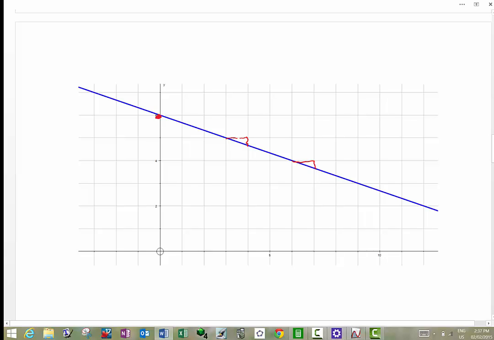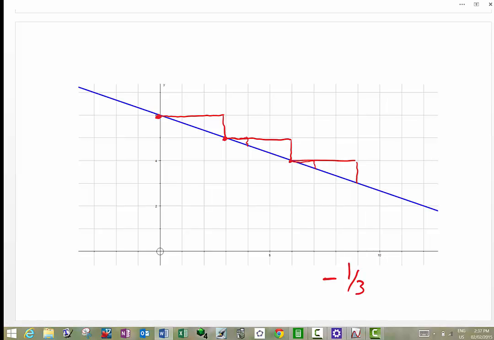If we try to find nice points where it cuts the grid lines exactly, we'll see slightly more easily that if I go 3 units across, I go 1 unit down. So it takes 3 units across to go 1 unit down, therefore its slope is minus, because it's going downhill, and then 1/3. It's going downhill 1/3 as fast as it's going across.